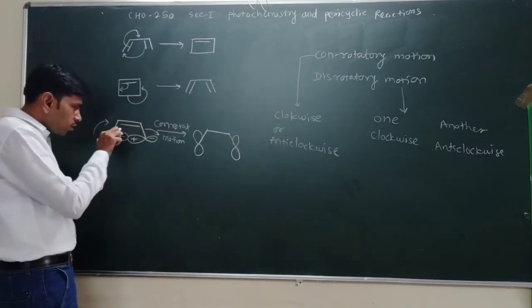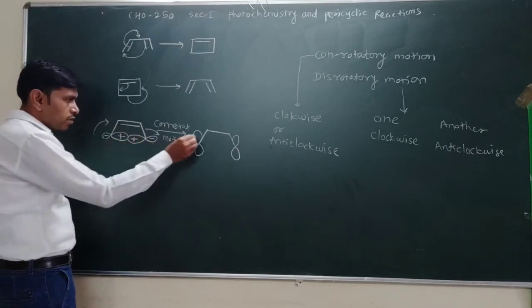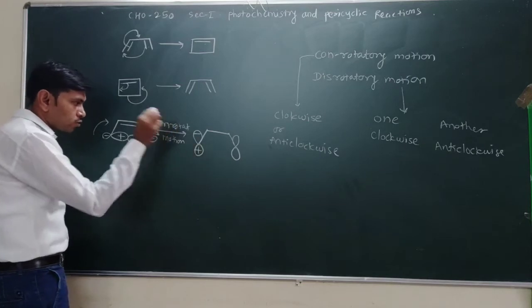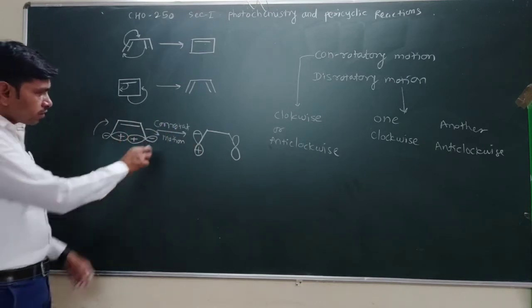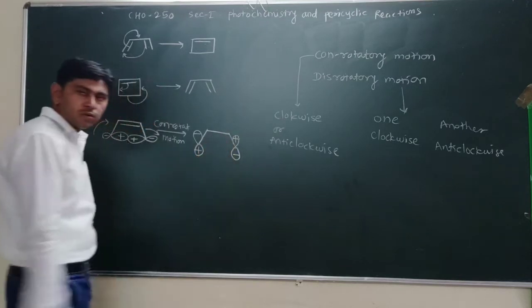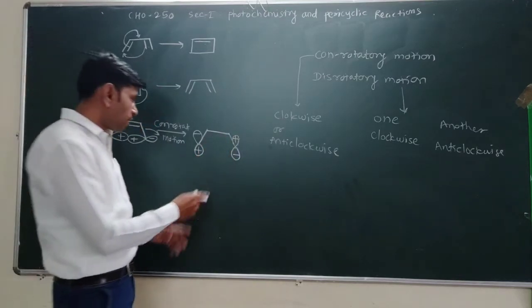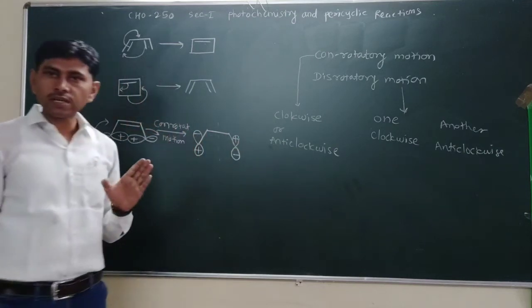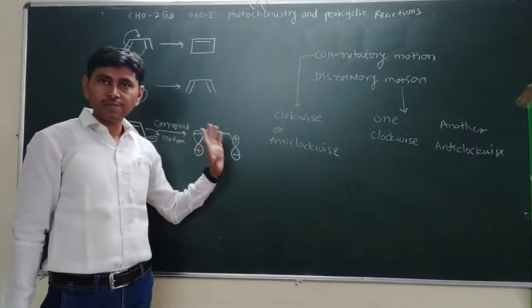When this rotates clockwise by 90 degrees, the negative sign goes here, and the positive sign goes here. In the other case, the plus sign goes here and the negative sign goes here. If you observe the symmetry, when you pass a plane, the plus sign coincides with the minus sign, so no same sign coincides.